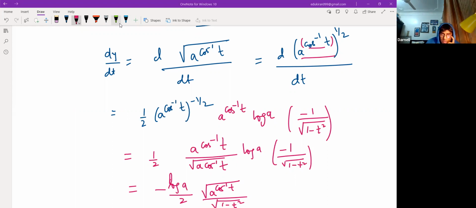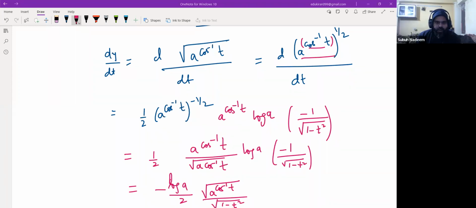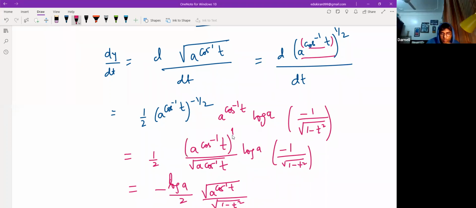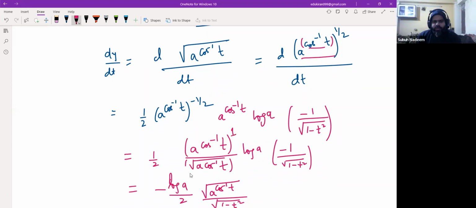So how did the root come on top for the root of a cos inverse t at the last step? Okay, here, how did the power root 1 come? This is power 1/2, so overall it is 1/2.